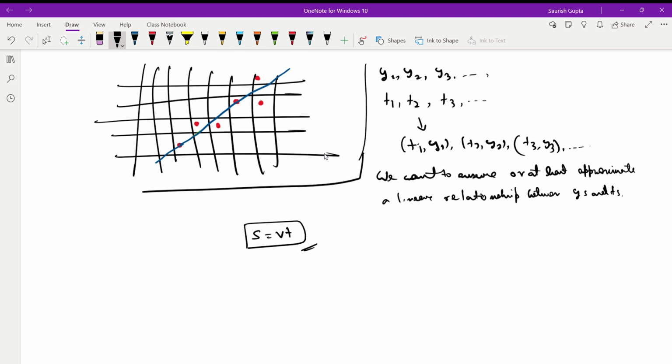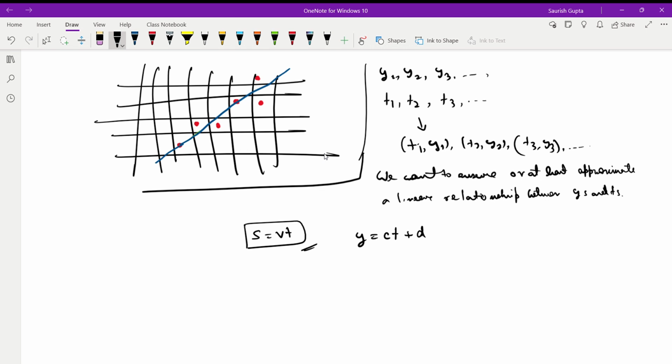But the most you can do is, with the word I am constantly using, at least approximate a linear relationship between the variables in the data you have. So if I mathematically frame this statement, I want to write y as some constant c times t plus d, where c and d are scalars, and I want to ensure that this is the result I get through our experiment.